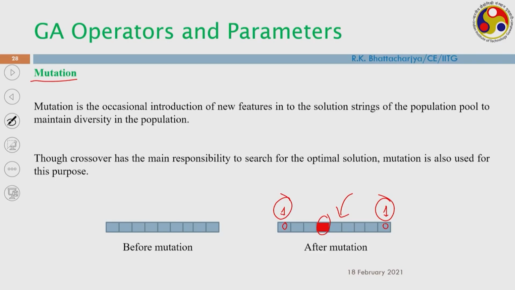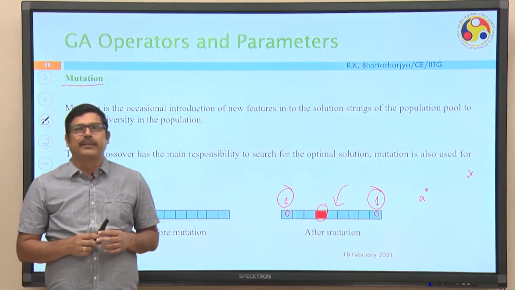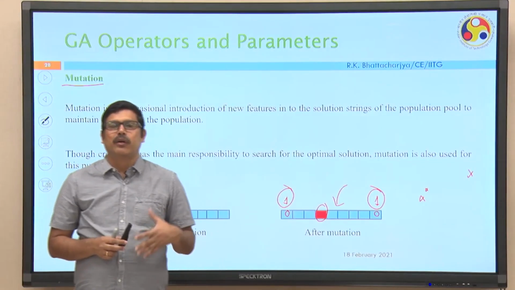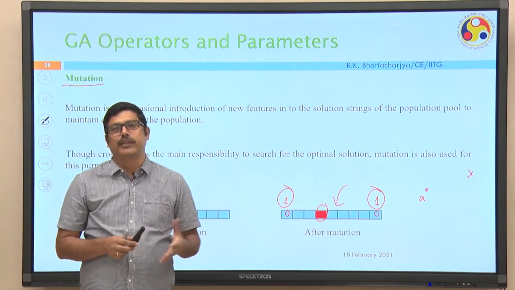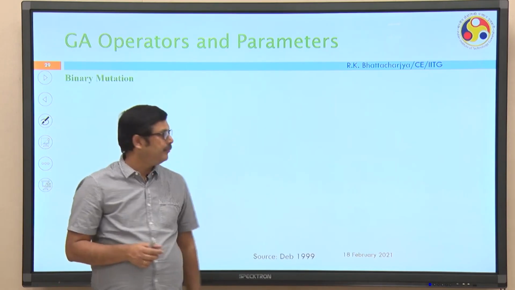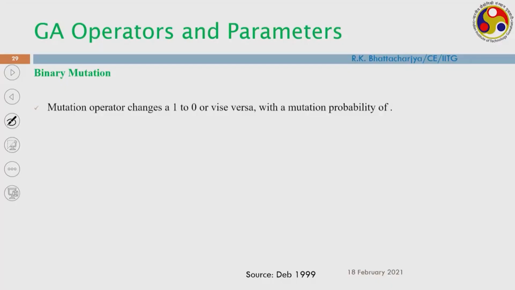Suppose this is the solution: if the right hand side bit is changed, you get a new solution somewhere nearby, but if the leftmost bit is changed, you will get the new solution maybe at a far distance. That way, you can explore the other unexplored regions of the search space using mutation.